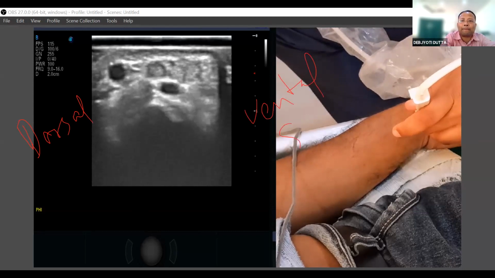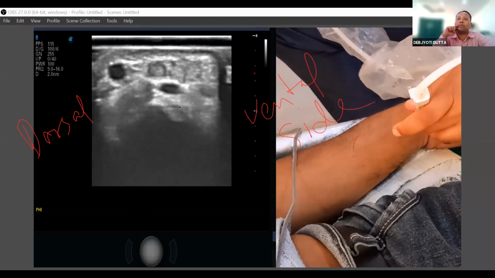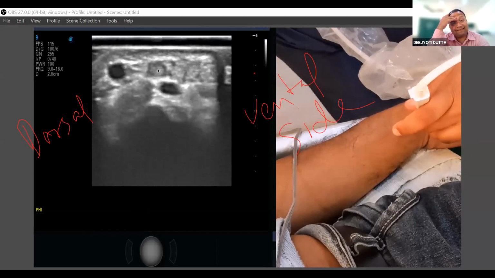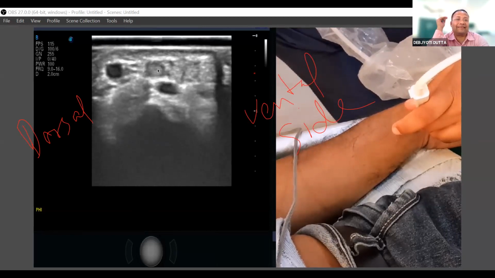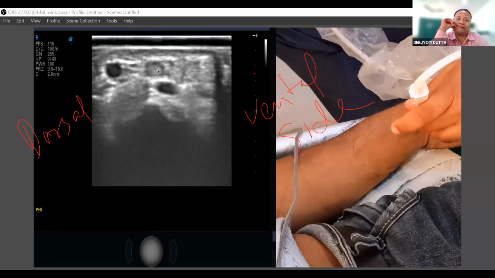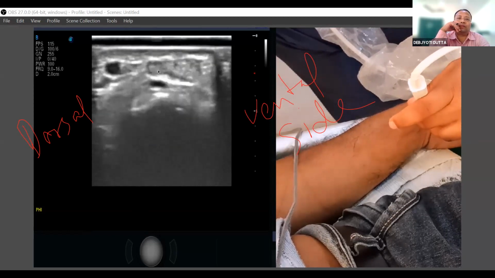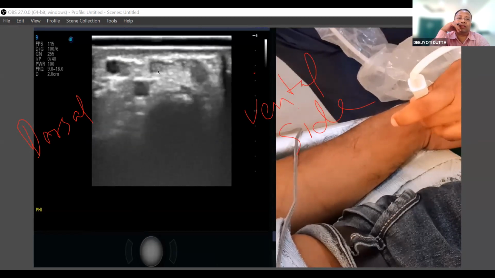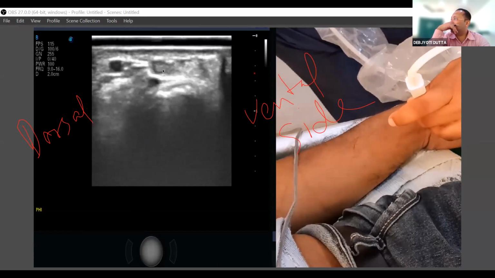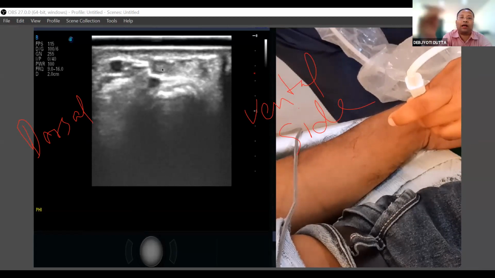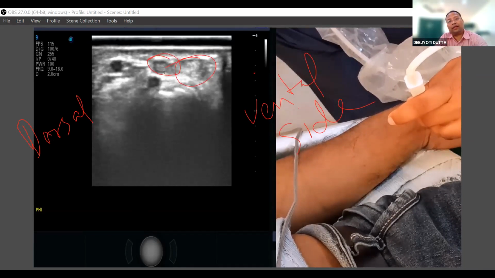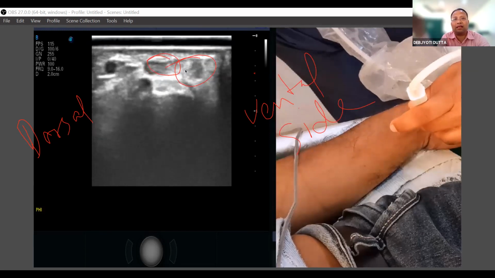Which tendon is this, towards the dorsal surface? Extensor pollicis longus? This is not the longus, this is the brevis. This is the longus, abductor pollicis longus.